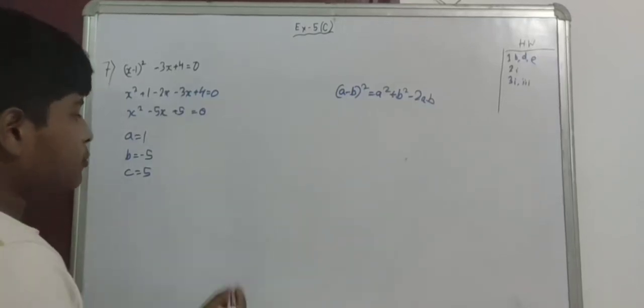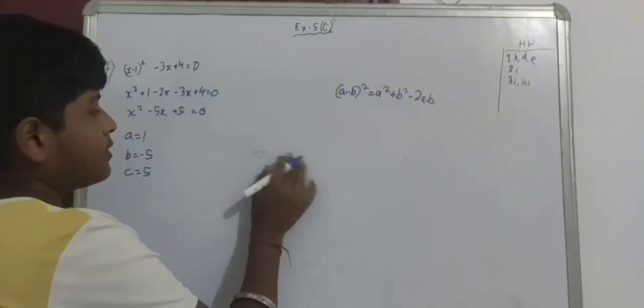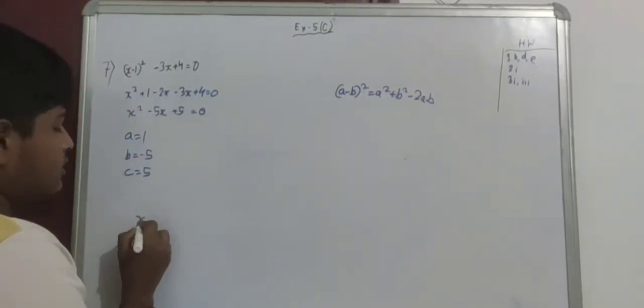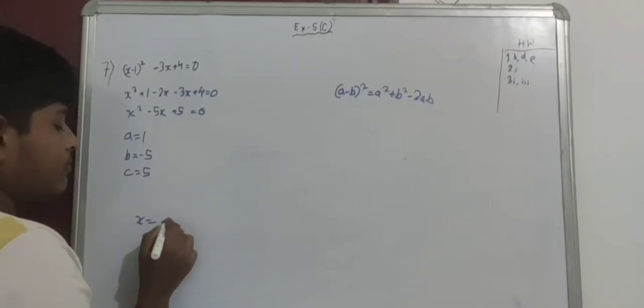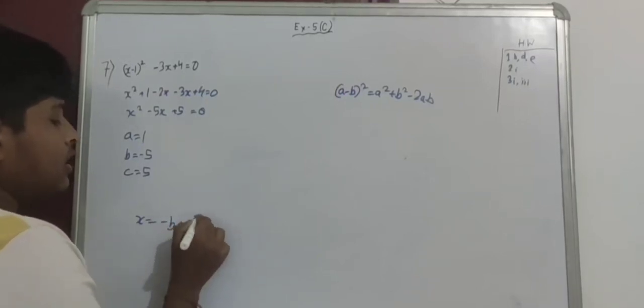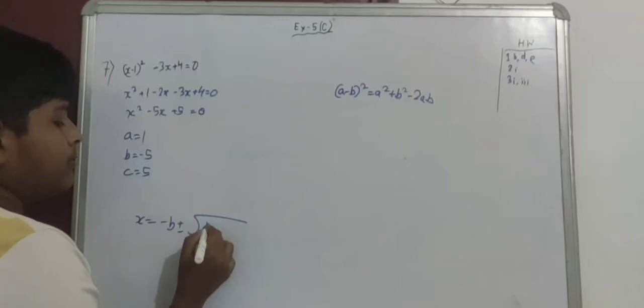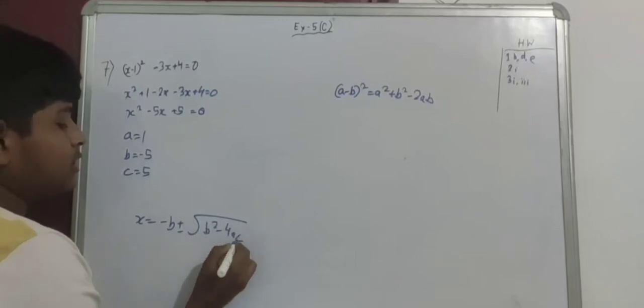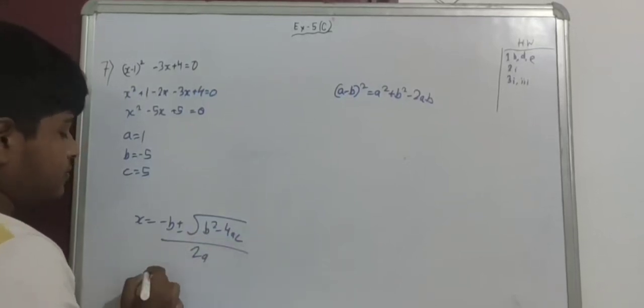So now putting this in the formula, x is equal to minus b plus minus under root b square minus 4ac divided by 2a.